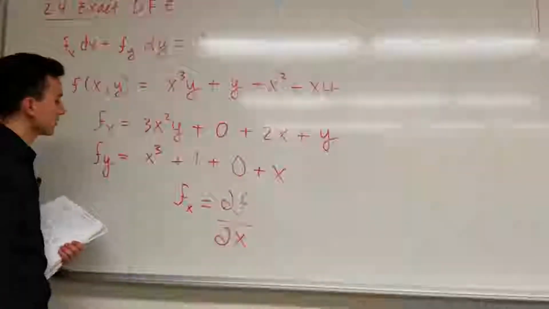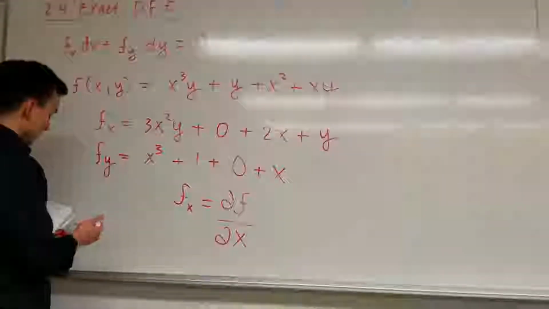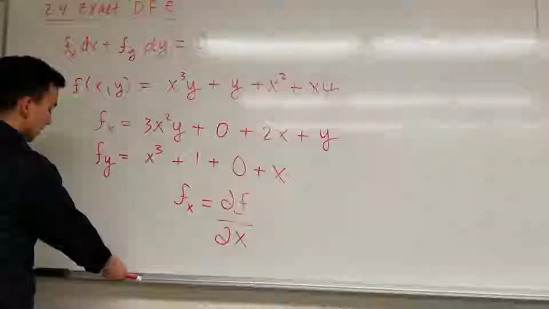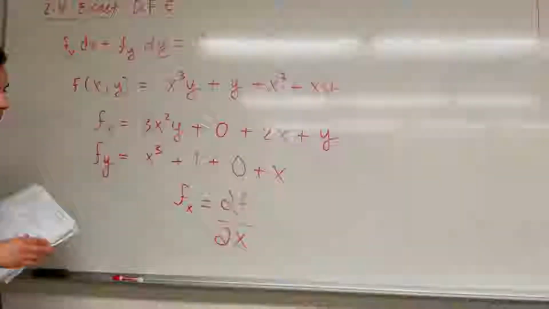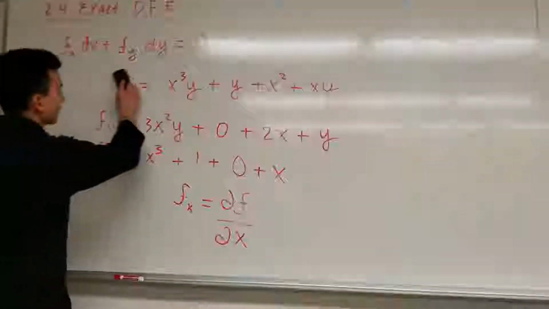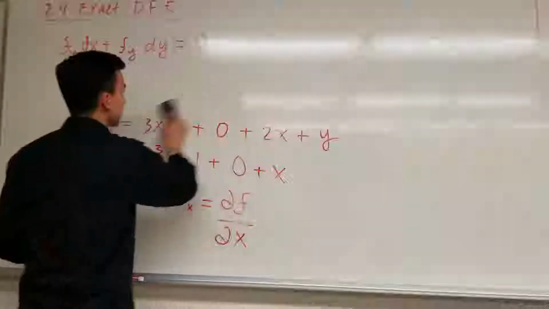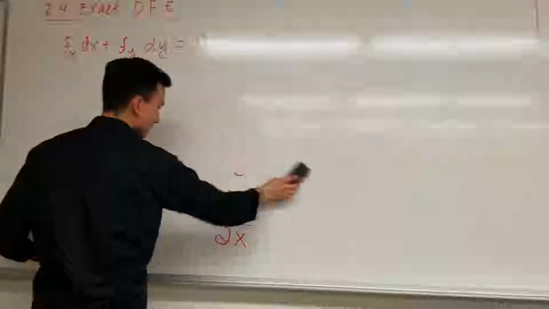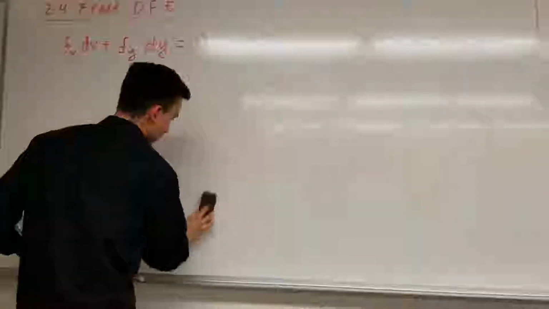Before we get into it, I just wanted to give you some background knowledge on what the partial derivative was. All right, with that knowledge, we're going to continue. Great, you guys are now masters at partial derivatives.